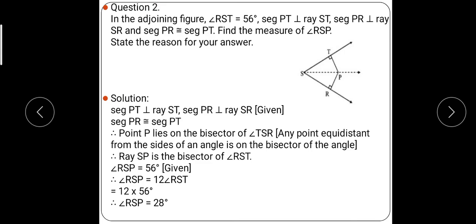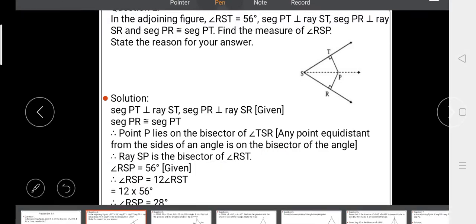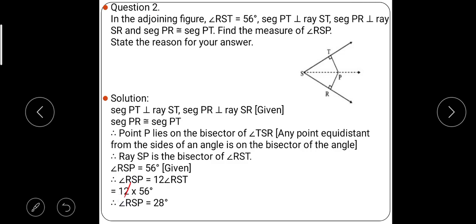So any point equidistant from the sides of an angle is on the bisector of the angle, and therefore SP is the bisector of angle RST, and therefore angle RSP is equal to 56 divided by 2. 1 by 2 means half of 56, that is equal to 28.